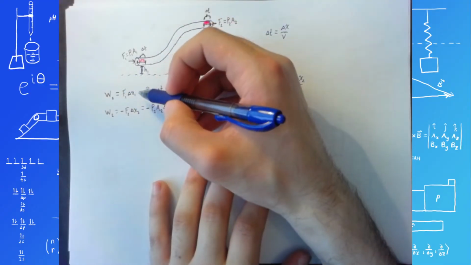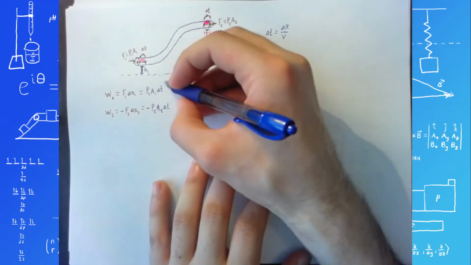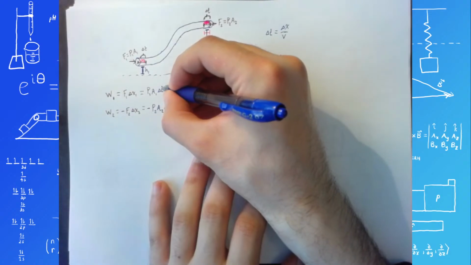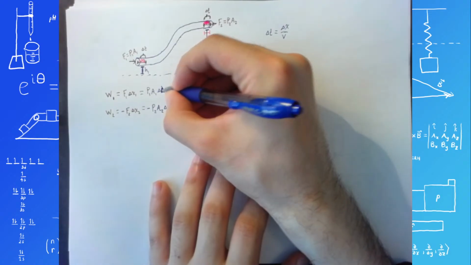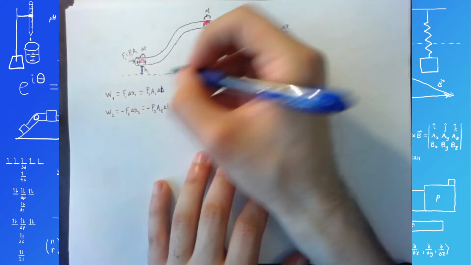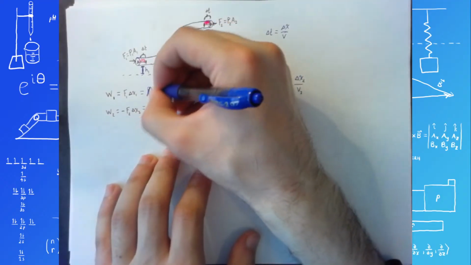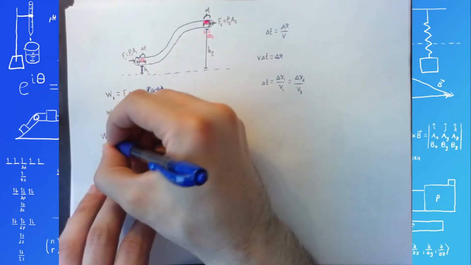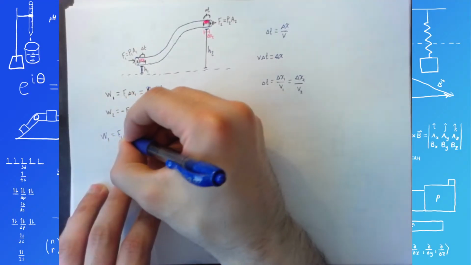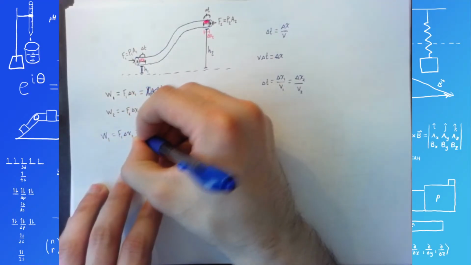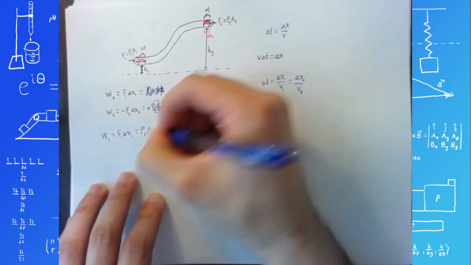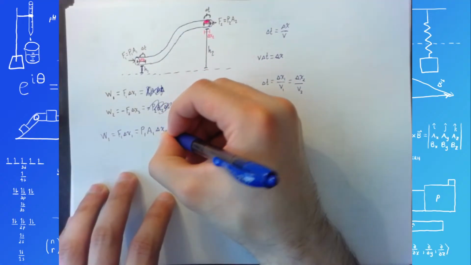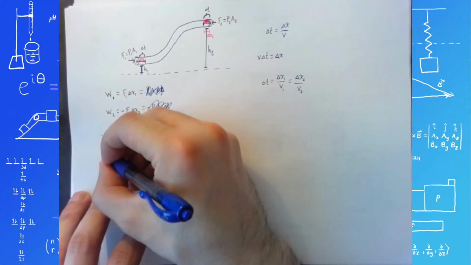Let's see, so F1 delta x1 is P1 A1 times, not delta t, it's times delta x1. Let me rewrite all of this over here. Work 1 is equal to F1 delta x1 equals P1 A1 delta x1. There we go.